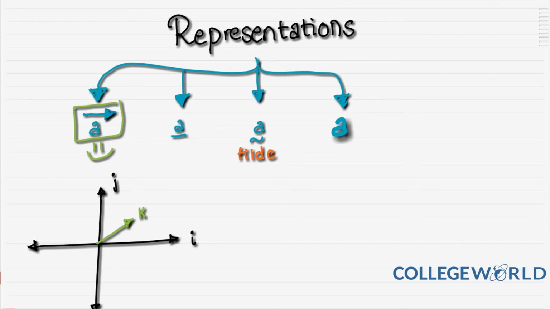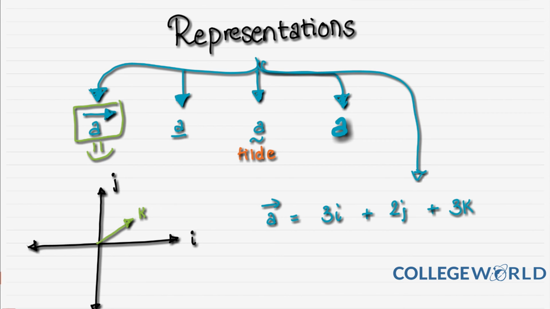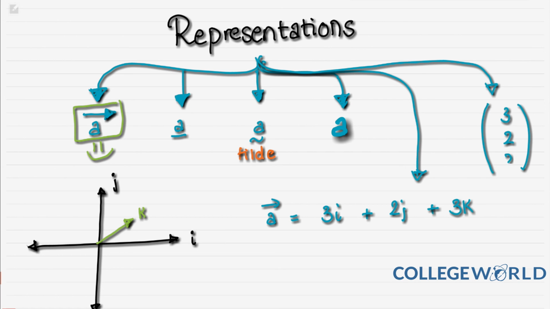So when you want to talk about a vector, you're going to talk about a magnitude in one of these directions. So you're going to say vector A is 3i plus 2j plus 3k. You can represent it in this format, or you can draw it in what we call a matrix form, where the top one will be your i, the middle one will be your j, and the bottom one will be your k.